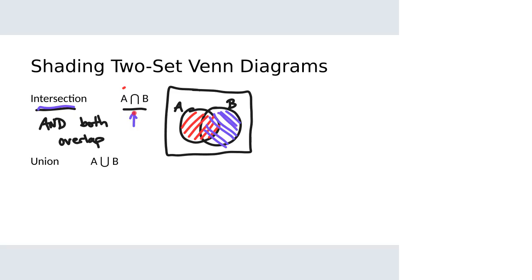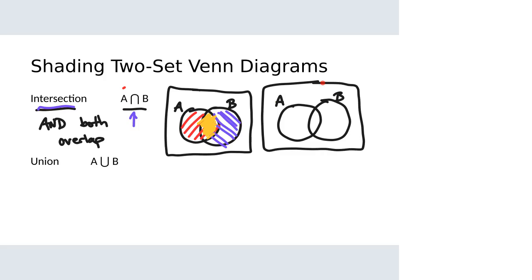So now I'm looking for where these overlap, the elements that are in A and in B, the elements that are in both sets. And so what I'm looking for is this crosshatch right here where I have both. And then just to finish this off and make it very obvious what my answer is, I'm going to take one more step here and draw this in.